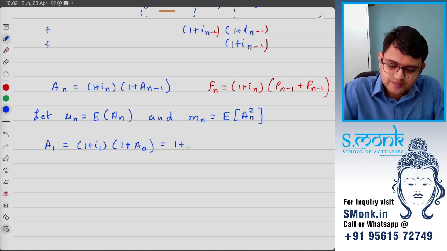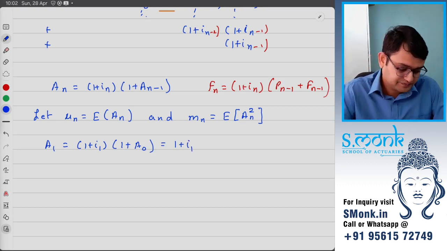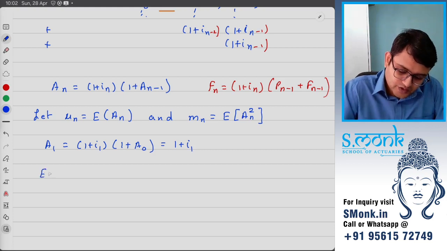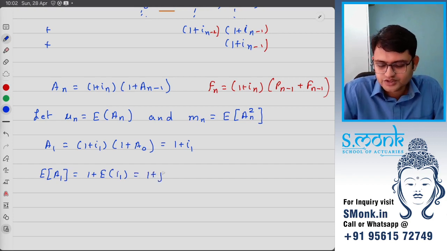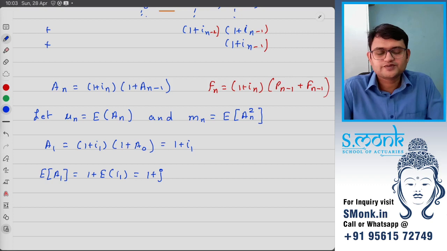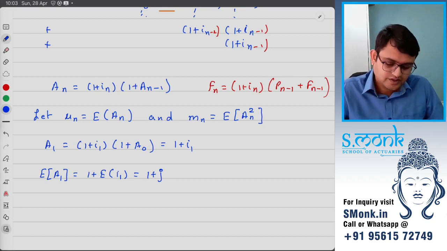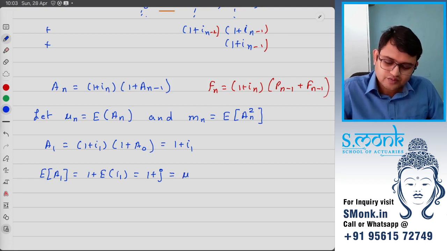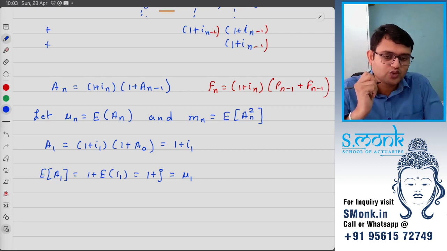So this is just 1 plus i_1. So the expected value of A_1 would be 1 plus the expected value of i_1. The expected value of i_1 is just j. So the expected value of A_1 becomes 1 plus j. We'll write that as mu_1.